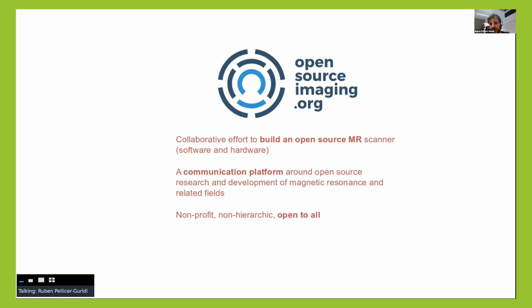And now we have basically two main objectives. One is to be a platform for visualizing open source works in the MRI world, and also to bring in some collaborations to make something happen, a final product, not only to become a place for people to place their works individually, but also to try to bring them together.